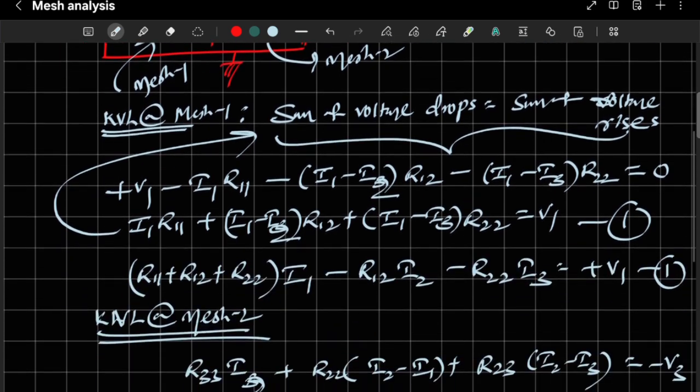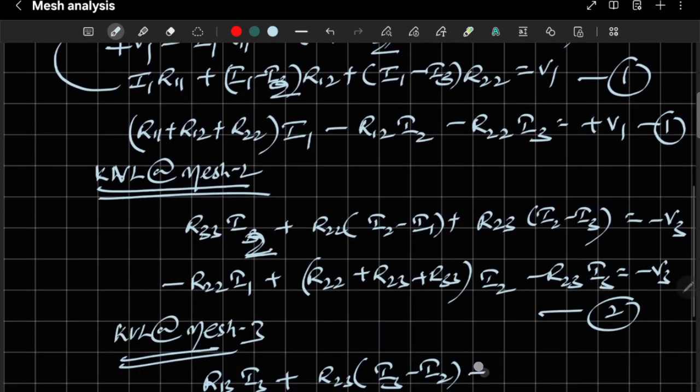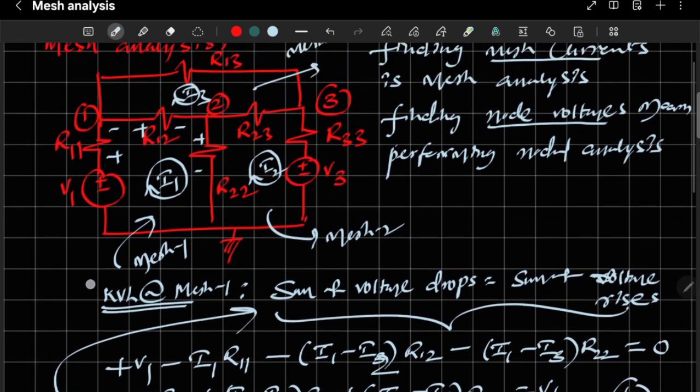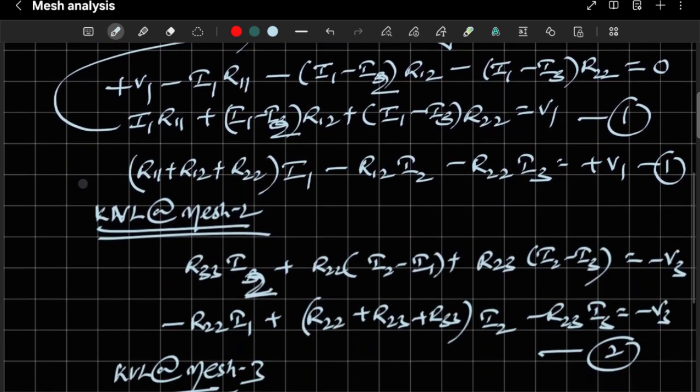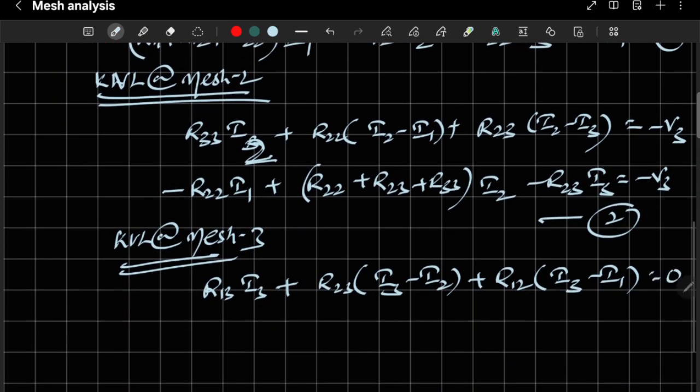Then R12 is also there, so R12 into (I3 minus I1). There is no voltage rise or voltage fall by an independent voltage source, because in mesh 3 there is no independent voltage source. So its summation is equal to 0.